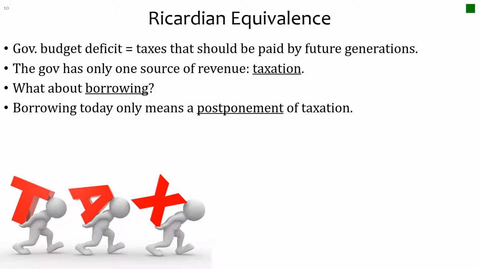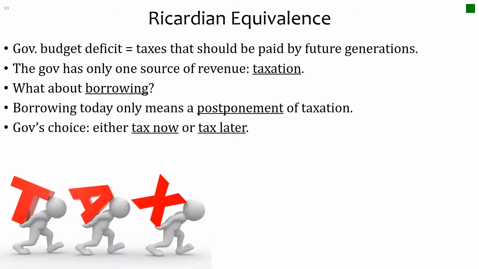Effectively, at the back of the bond, it says in very small letters that the government will raise taxes to cover the interests later. That's what it means. If the government issues a bond, the bond simply means that the taxes are going to rise later in the future when the bond's maturity comes about.